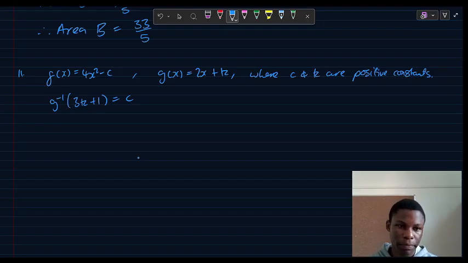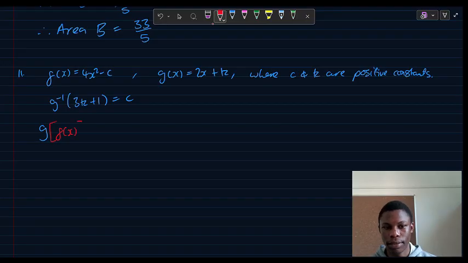Okay, so if we want gf of x, we're going to go into g of x and substitute its x with f of x. So wherever there's an x in g of x, we're going to replace that with our f of x.